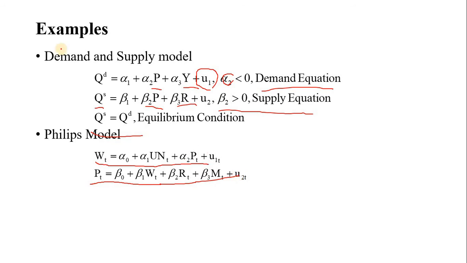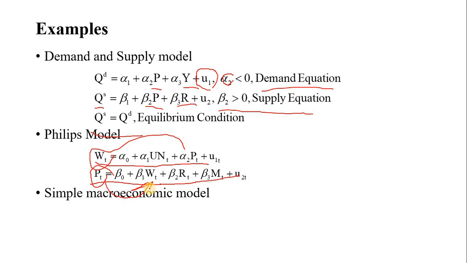Look at this equation. This WT, wage, depends on price, and price also depends on wage. So W depends on P, P depends on W. There is a mutual dependence between these two equations. So if we want to estimate the first equation, we have to consider the second equation.